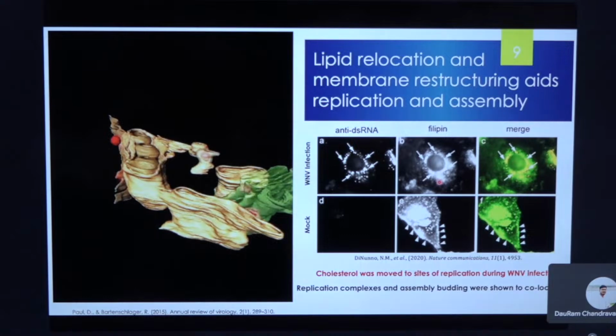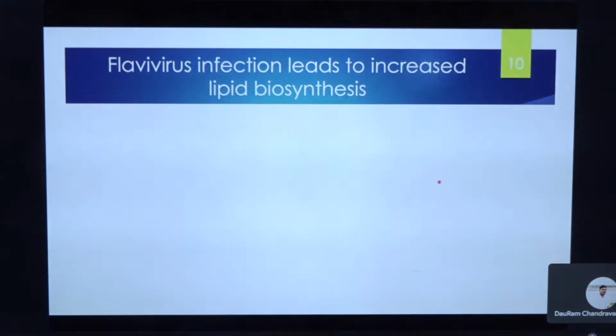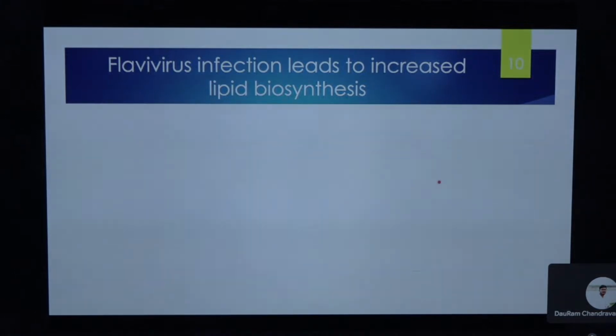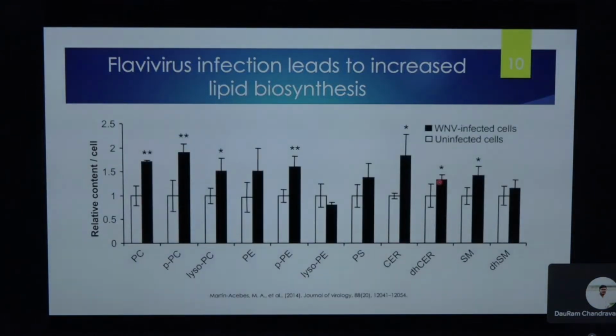And because replication complexes and virus assembly are happening in very close proximity to one another, it was hypothesized that cholesterol is a highly functional and much needed component of virus assembly. Even more so when we look at all of the different lipids being made within the cell during flavivirus infection, we can see that all of them are upregulated, meaning that the viruses upon infection actually turn on the cells to make more lipids of a specific species.